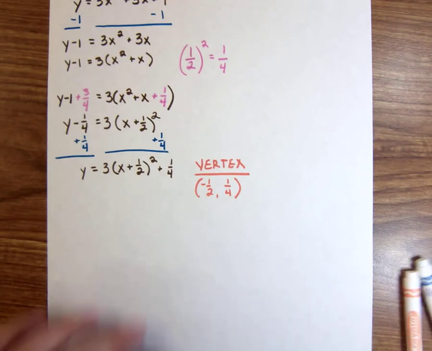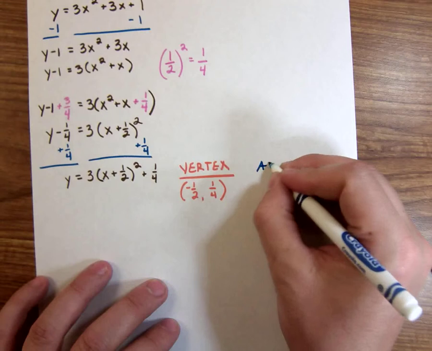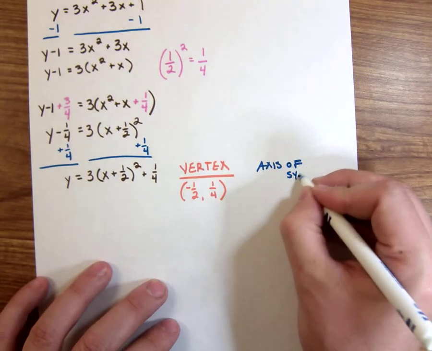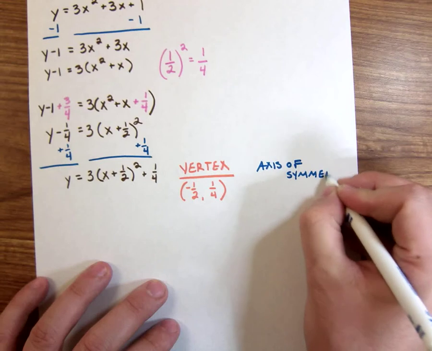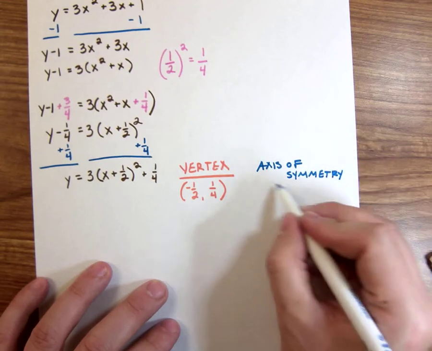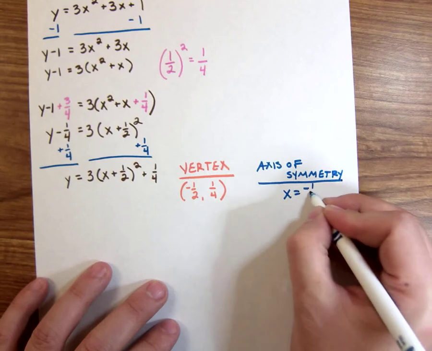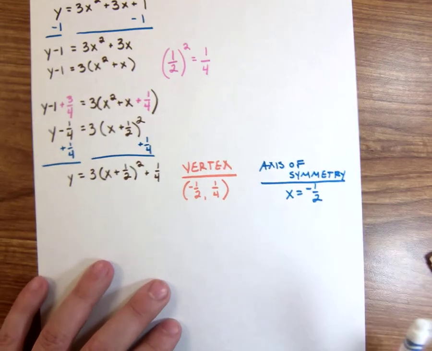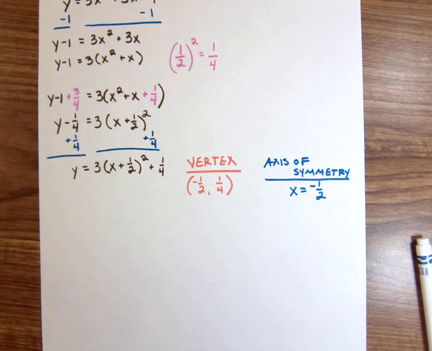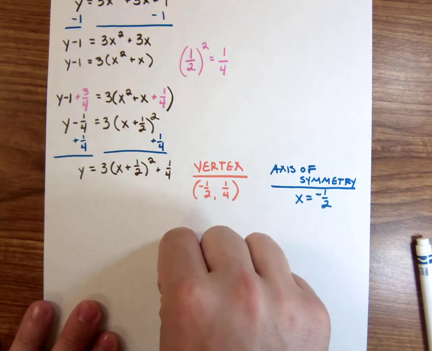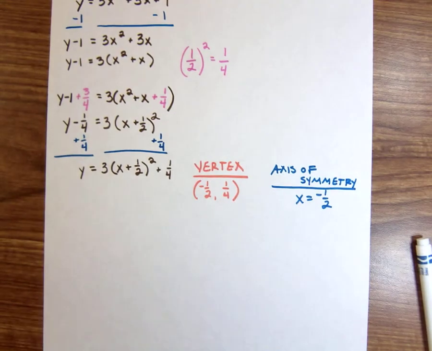Sometimes we call that the axis of symmetry. The axis of symmetry is like the middle of the graph. The axis of symmetry would be x equals negative 1/2. It's a vertical line going through 1/2. Why did you change it to negative? Because plus 1/2 moves it to the left. So if I'm at 0, 0, and I go left, I'm in the negative area.